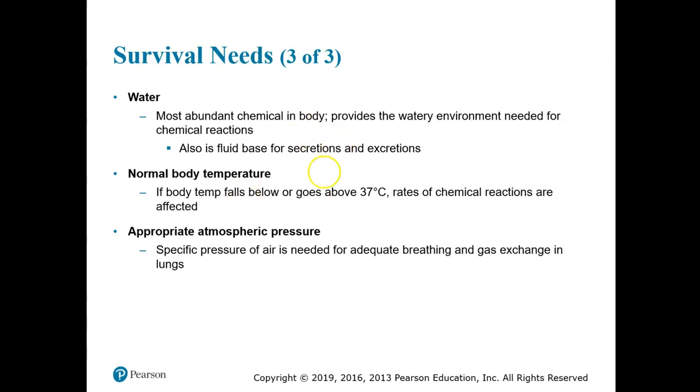Normal body temperature needs to be around 37 degrees Celsius, which correlates to 98.6 degrees Fahrenheit. Our chemical reactions in our body will not occur if the temperature is much different from that. And then the atmospheric pressure is needed for adequate breathing and gas exchange in the lungs.